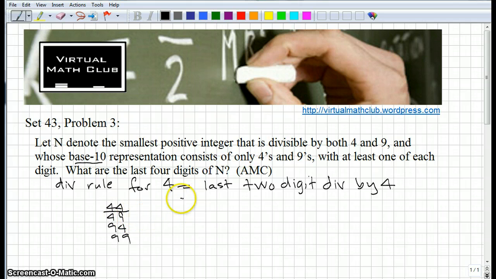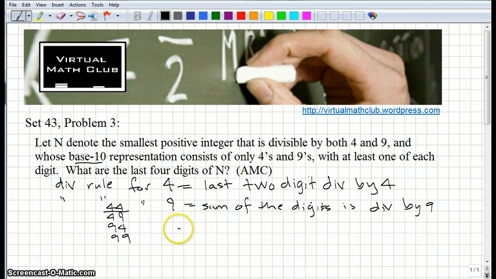But we want the last 4 digits. Now that we know the last 2 digits, let's see what else we can figure out. We have to work with the divisibility by 9 issue. The divisibility rule for 9 is that the sum of the digits is divisible by 9.